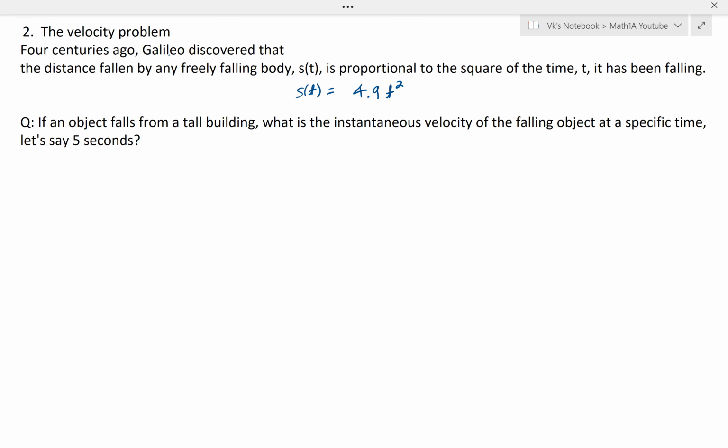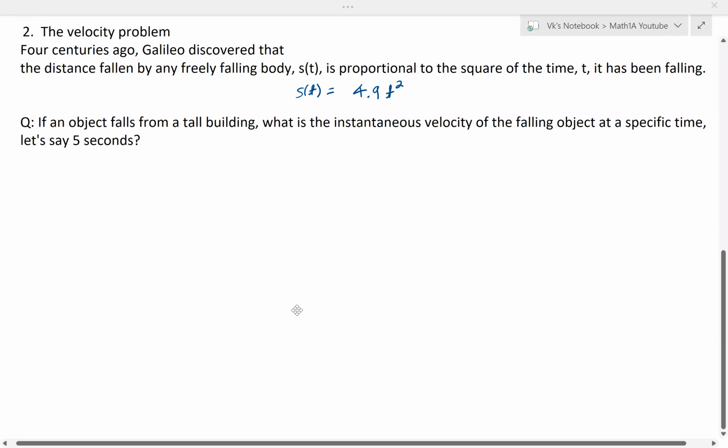Well, we have no idea because we don't have anything to give us this instantaneous velocity. What we know is we can compute the average velocity. So let's begin from there.